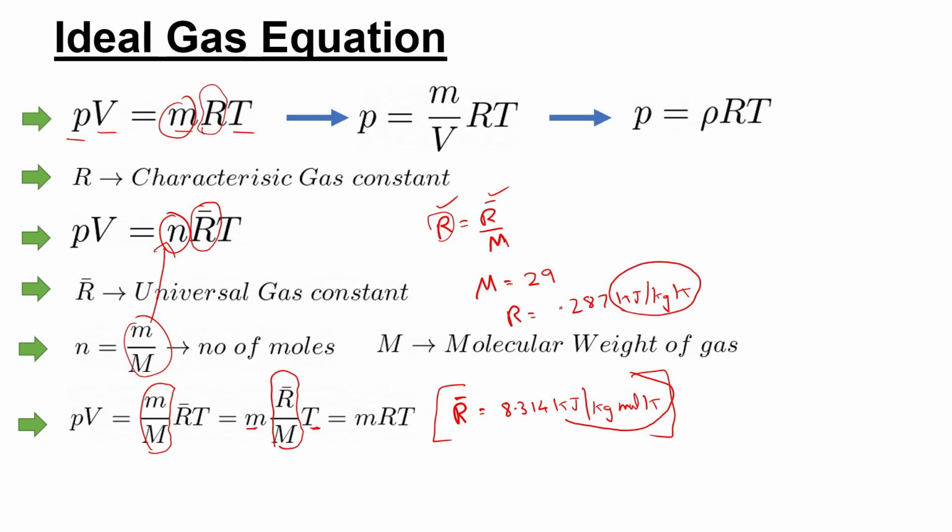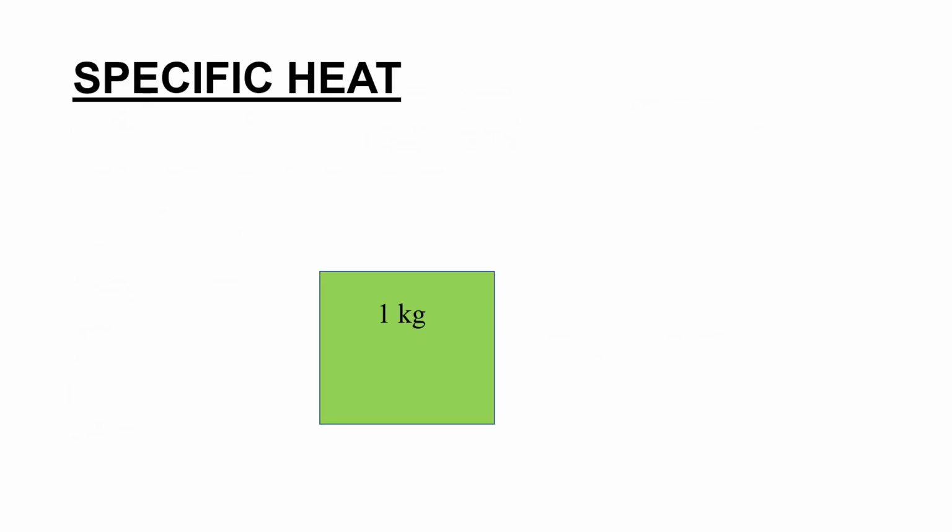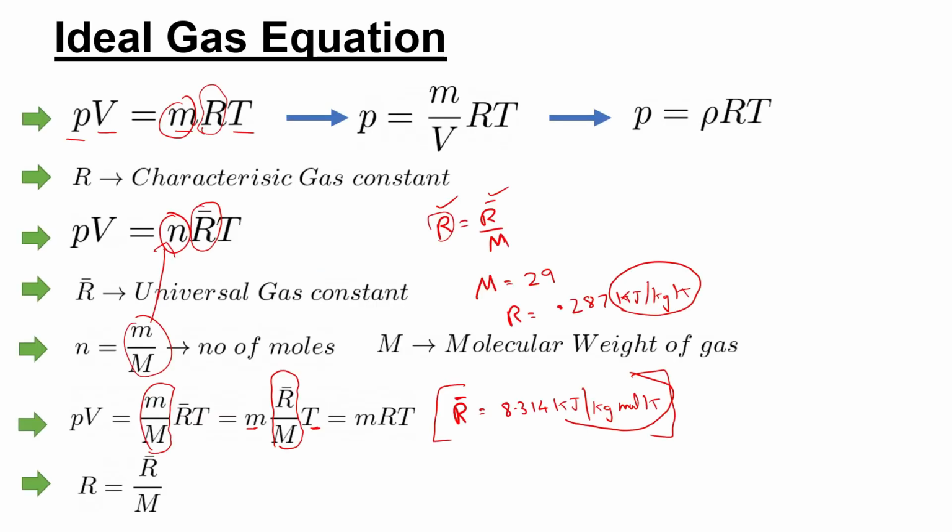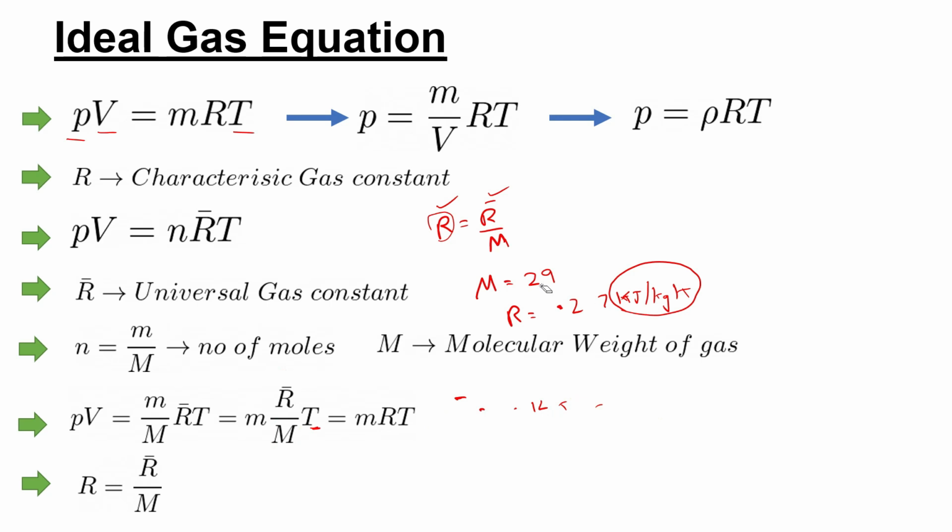It is kilojoule, not joule, although usually in problems we use only joule. So R is equal to R bar by M. This is all about the ideal gas equation. We will use both these forms throughout, so you should know what the number of moles, the characteristic gas constant, and the universal gas constant are.